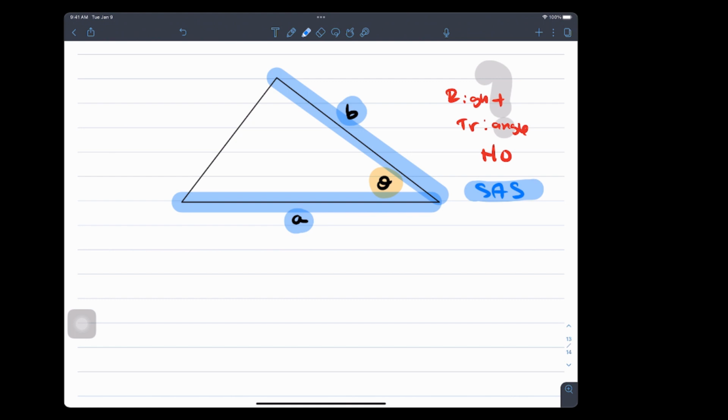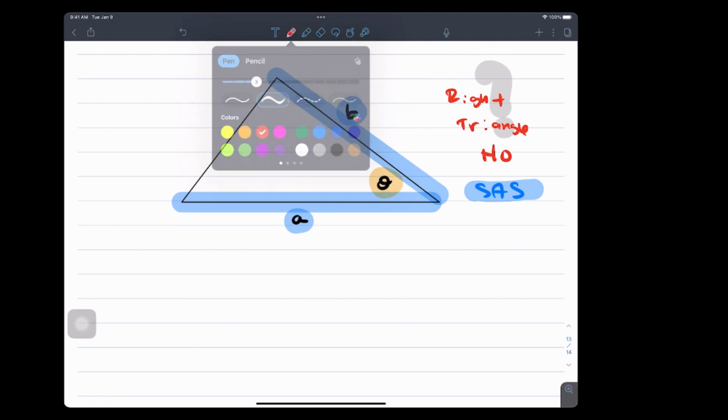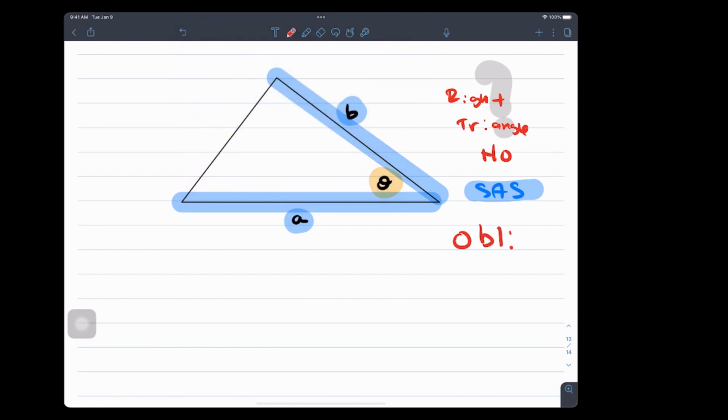So what is a non-right triangle known as? Oblique. This is an oblique triangle.